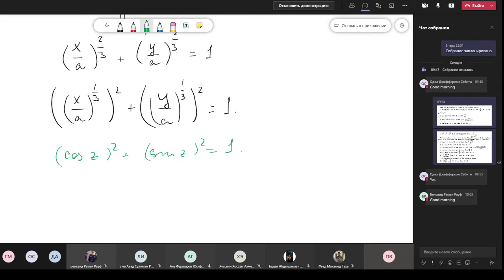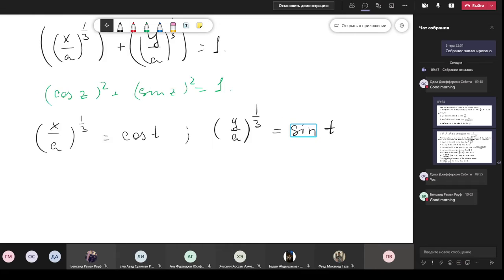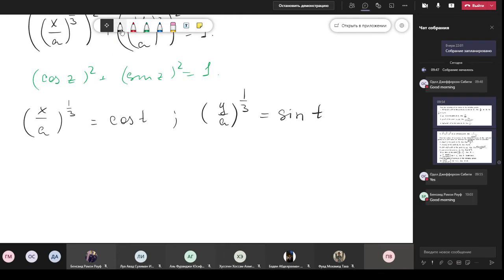It means if we denote x over a with power 1 over 3 as cosine of t, for example, and y over a with power 1 over 3 as sine of t, we have the right equation.